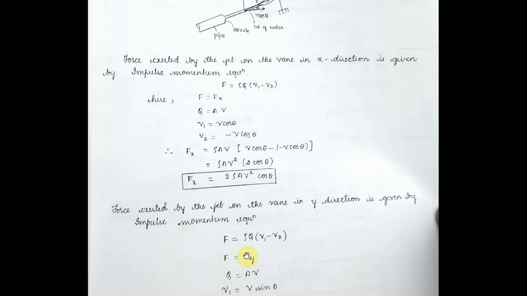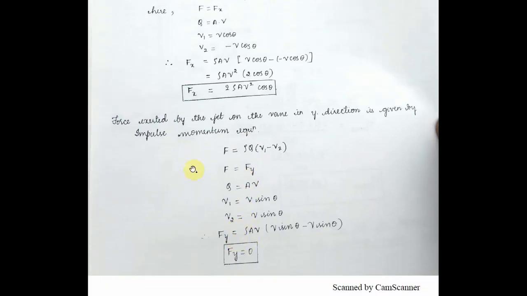Okay. Therefore the force exerted by the jet on the vane in the y direction, this is the x direction and this is the y direction, is given by the impulse momentum equation F equals rho into Q into (v1 − v2).